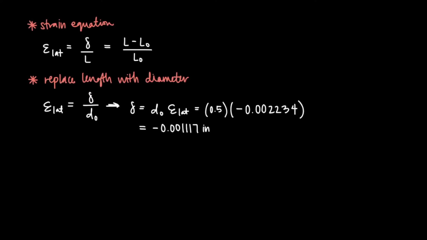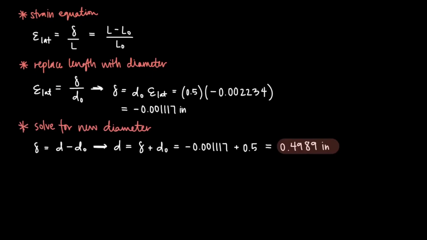We can rearrange the strain equation to solve for the change in diameter, denoted by delta. We'll plug in 0.5 for our original diameter and negative 0.002234 for our lateral strain to get negative 0.001117 inches for the change in diameter.